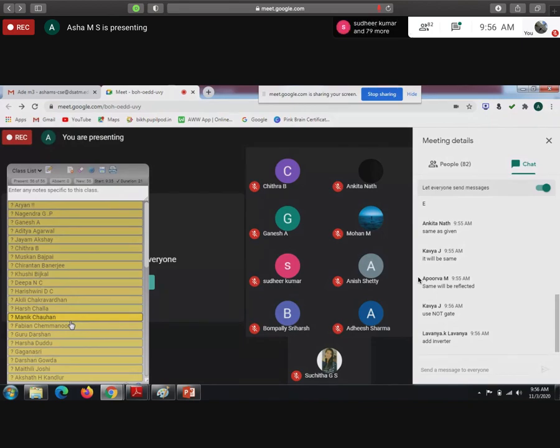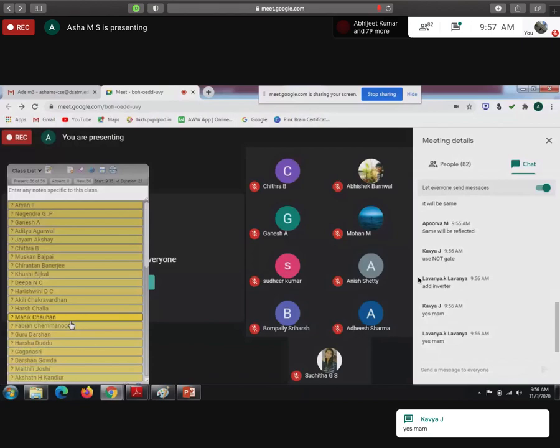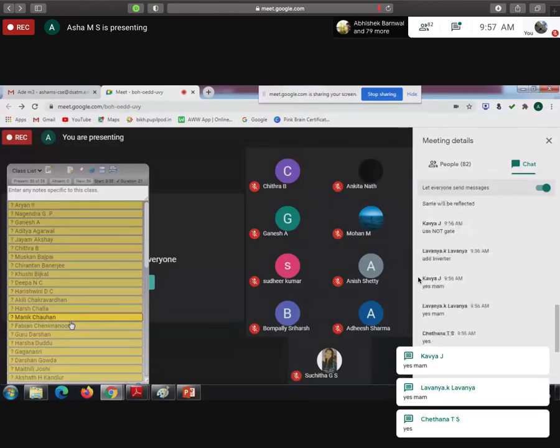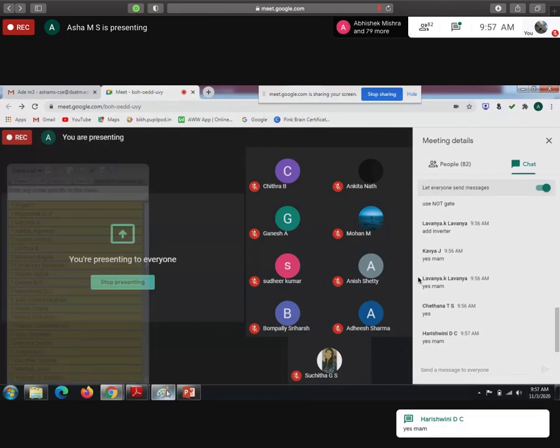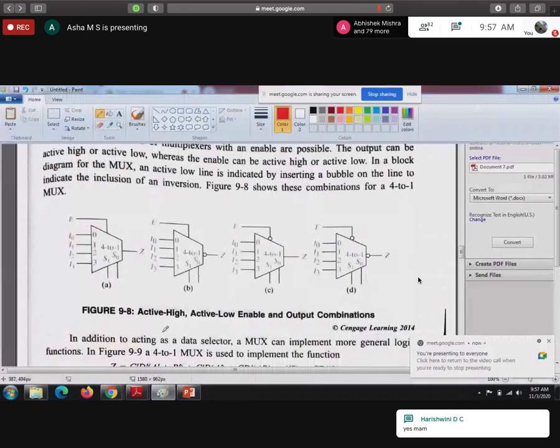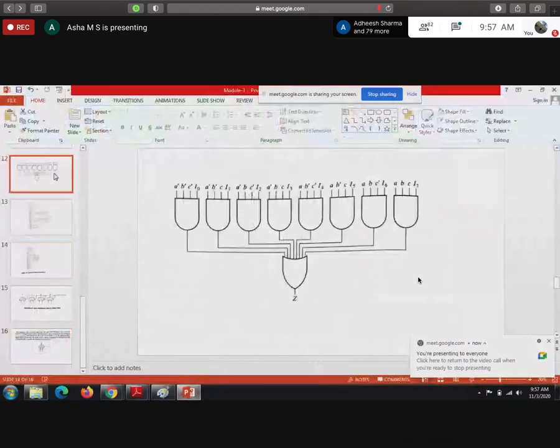Instead of adding inverters 8 times, 4 times, or 16 times, can we invert at the output side? When you invert at the output side, you replace only one gate, correct? See here we have an example for an 8 to 1 mux.